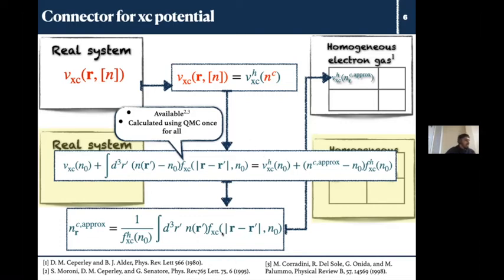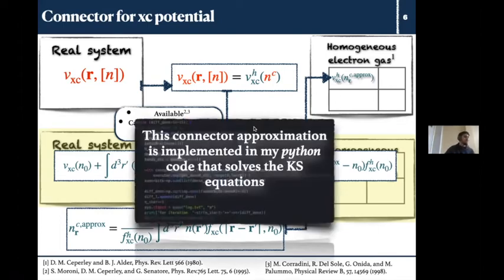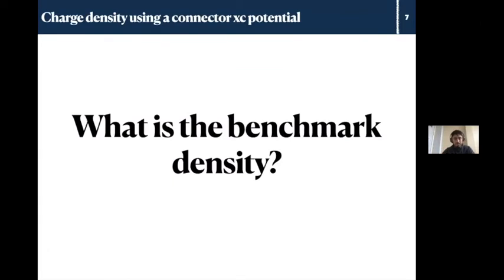And here we have a general approximation for the true VXC. This connector approximation is implemented in my Python code that solves the Kohn-Sham equations, and so we can get the density. And in order to test the quality of this connector approximation, we need a benchmark.